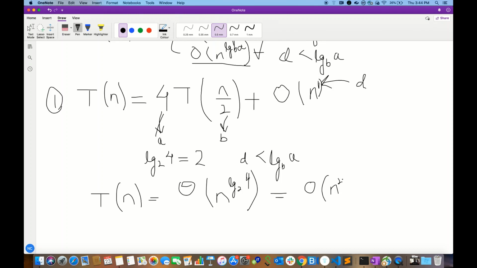This is exactly the same complexity which we used in the previous video about the polynomial multiplication.